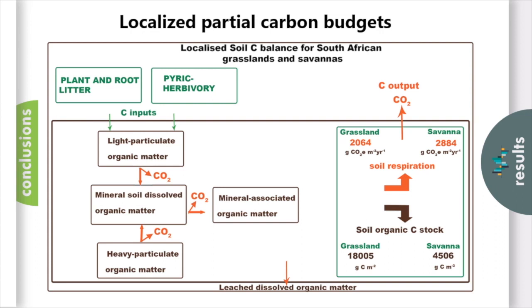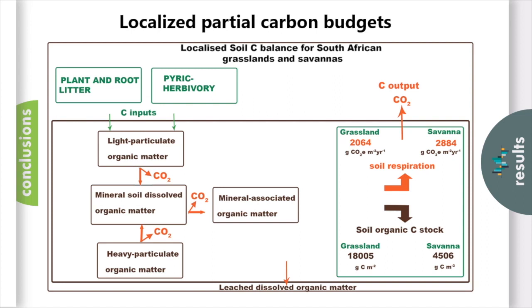Our grassland is on average 18,000 grams of carbon per square meter, which should be 18 tons per hectare, whereas the savanna is that much. And then in general, after converting all the gases into carbon dioxide equivalents, we found that the savanna is releasing more carbon dioxide equivalents compared to the grassland.